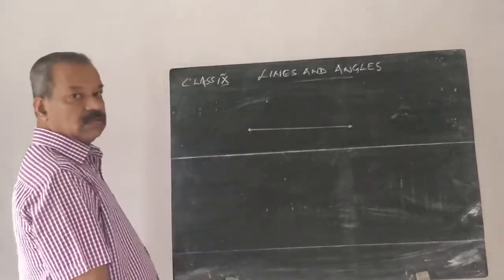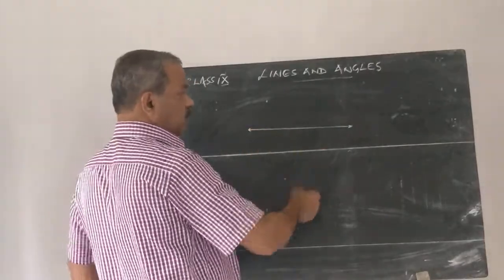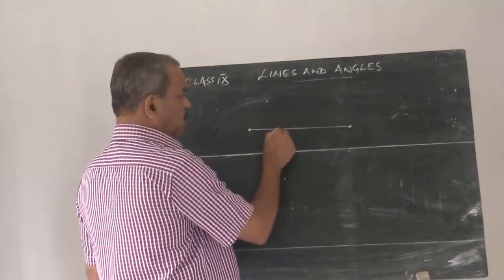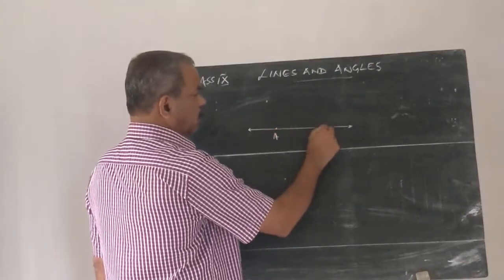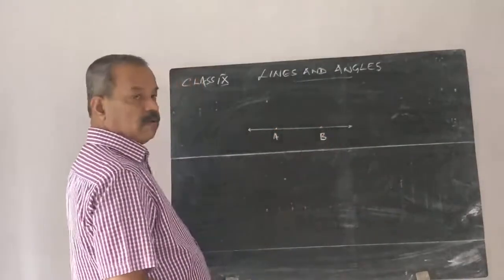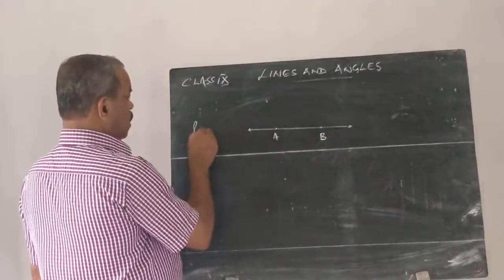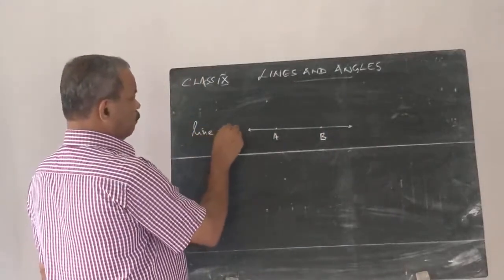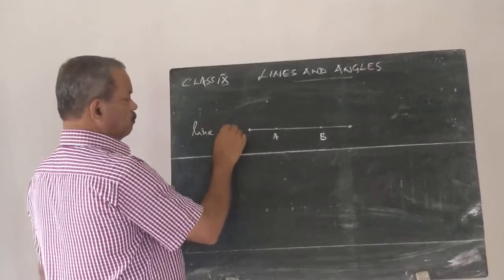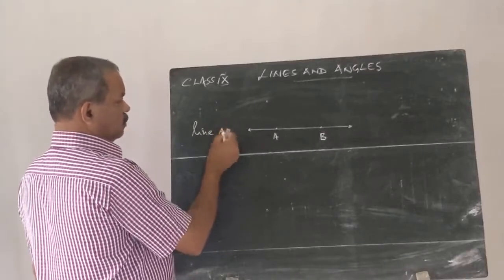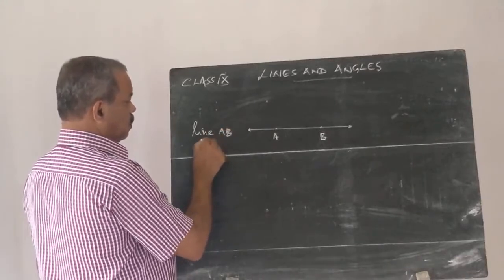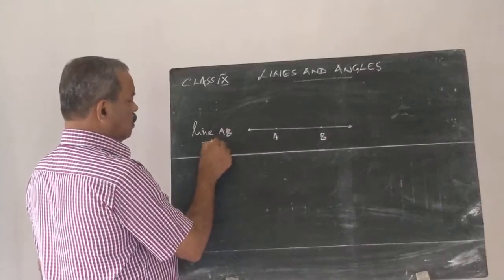This represents a line. We can name any 2 points as A and B. So we call this line AB, and represent it as line AB.